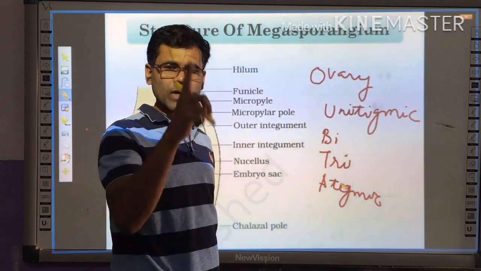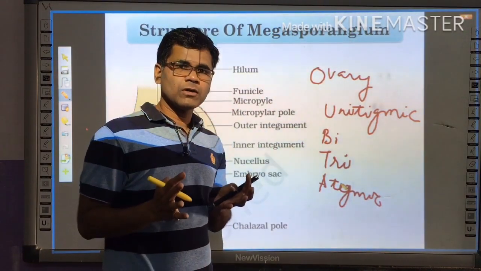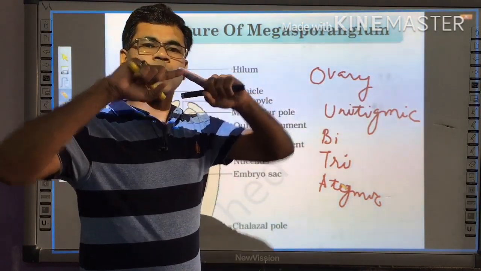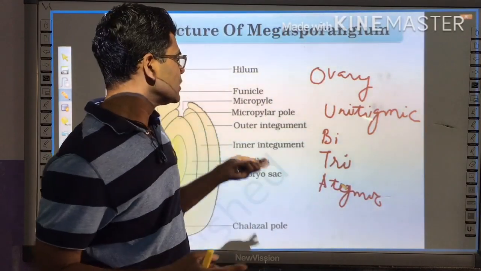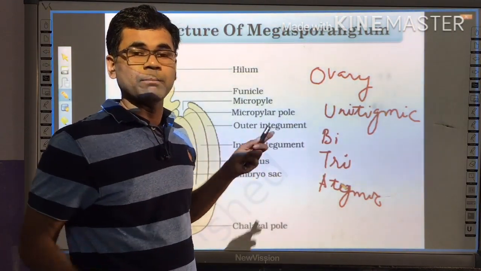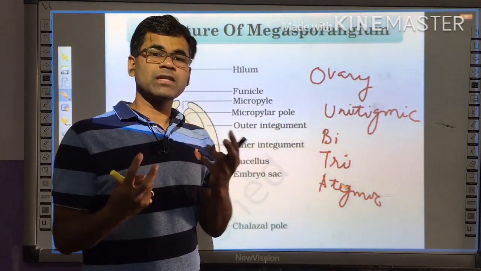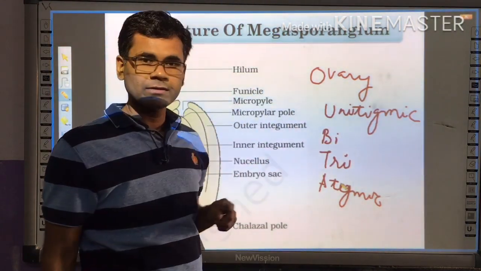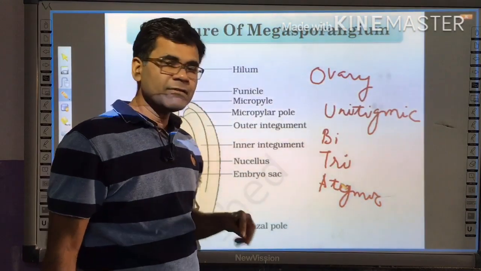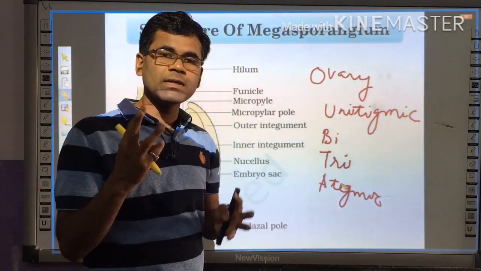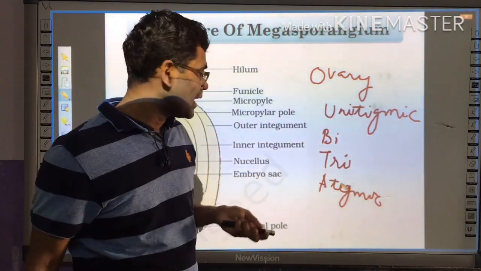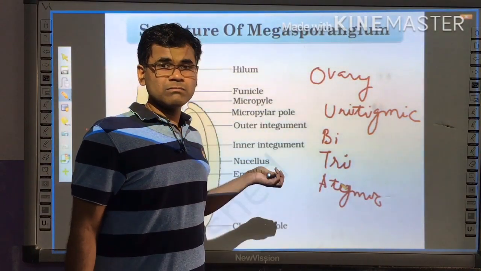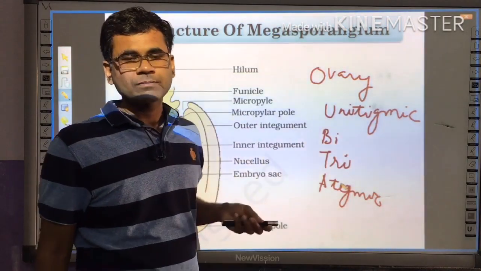Unitegmic. Uni means one. So if the nucellus is covered by only one integument, it is called unitegmic. Bitegmic: if the nucellus is covered by two integuments, it is called bitegmic. Tritegmic: if it is covered by three integuments, it is called tritegmic. And ategmic: this is the property of parasitic plants.